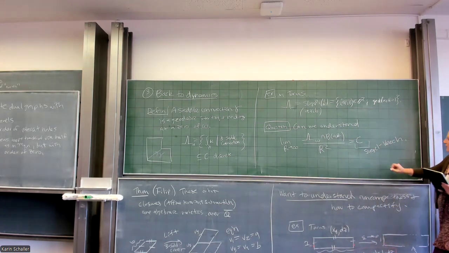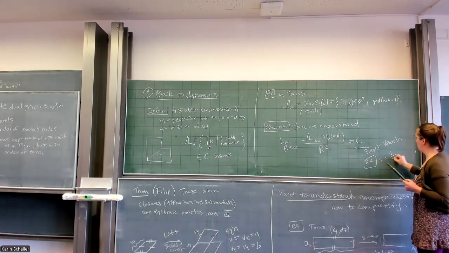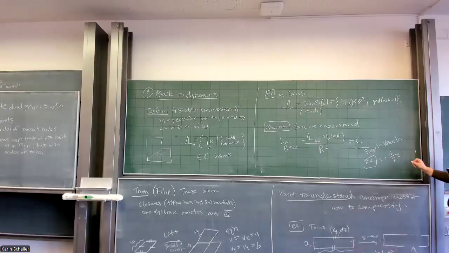So in the case of the torus, c is equal to 6 over pi squared, which is 1 over zeta of 2. And this captures the fact that primitive lattice vectors have density 1 over zeta of 2 in the integer lattice.